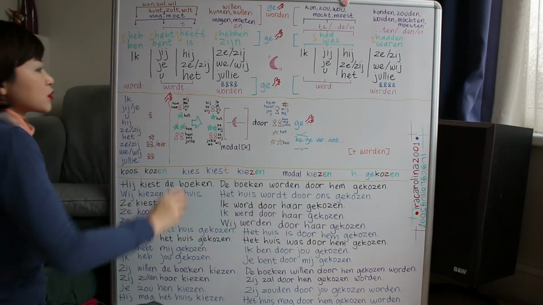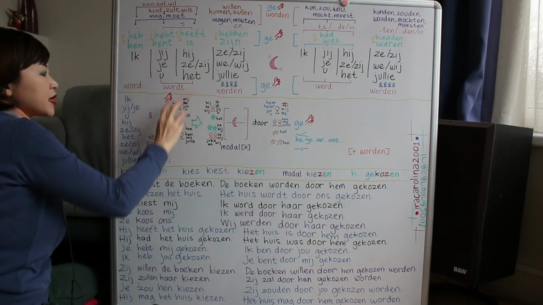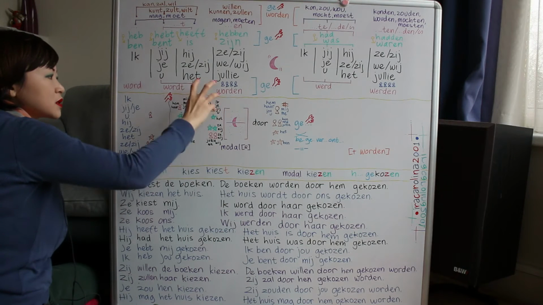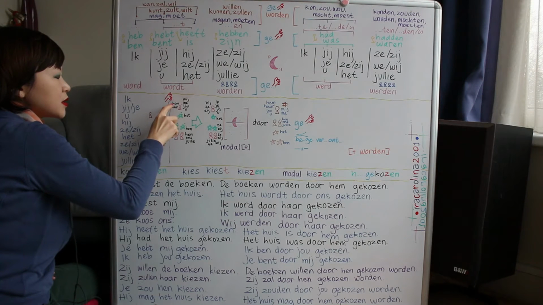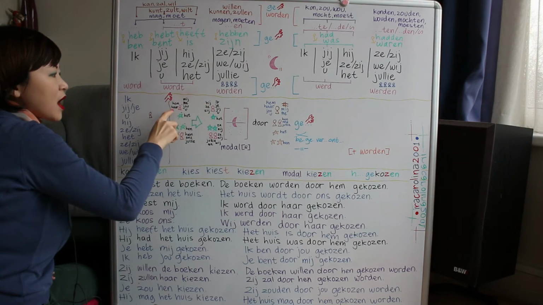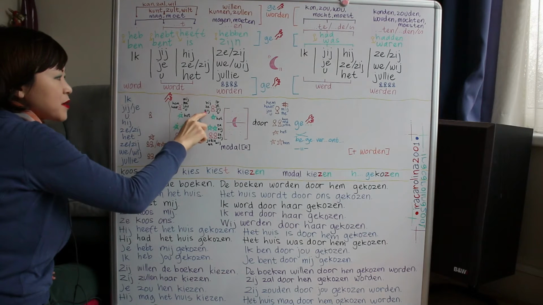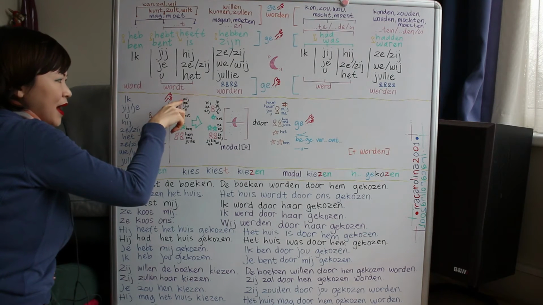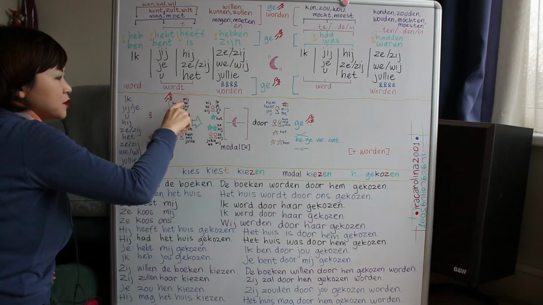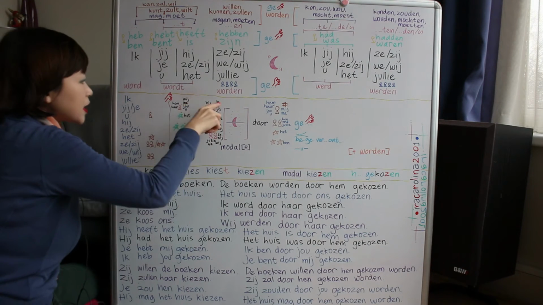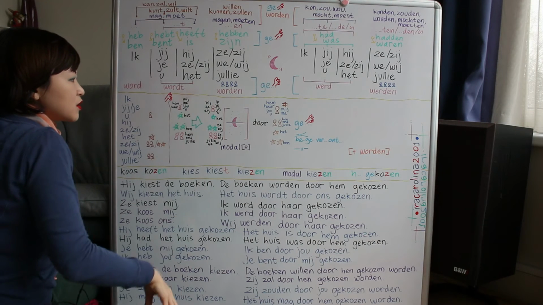So it was here as object; in the passive sentence, it becomes subject. So hem becomes hij. From haar, it becomes ze or zij. From mij, here in the active sentence, it becomes ik. Me becomes ik. Jou becomes je or jij.